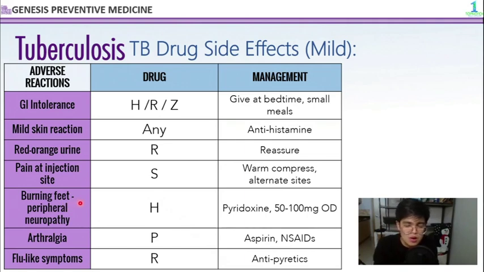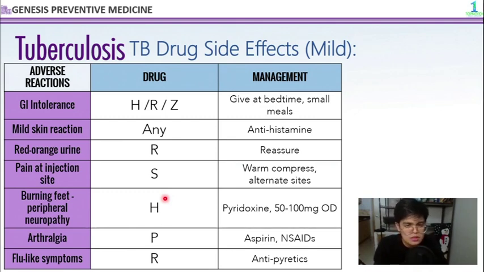Burning feet or peripheral neuropathy for isoniazid has to do with the glutamic acid decarboxylase mechanism. Isoniazid will inhibit glutamic acid decarboxylase, which will produce GABA, gamma aminobutyric acid, which is an inhibitory neurotransmitter in the CNS.